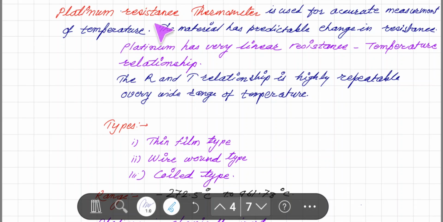Now depending on different structures, there are types of platinum resistance thermometer. Either the element is in the form of thin film, that is a thin film type, or it is in the form of a wire wound type, or it is a coil type. These are the types of platinum resistance thermometer.